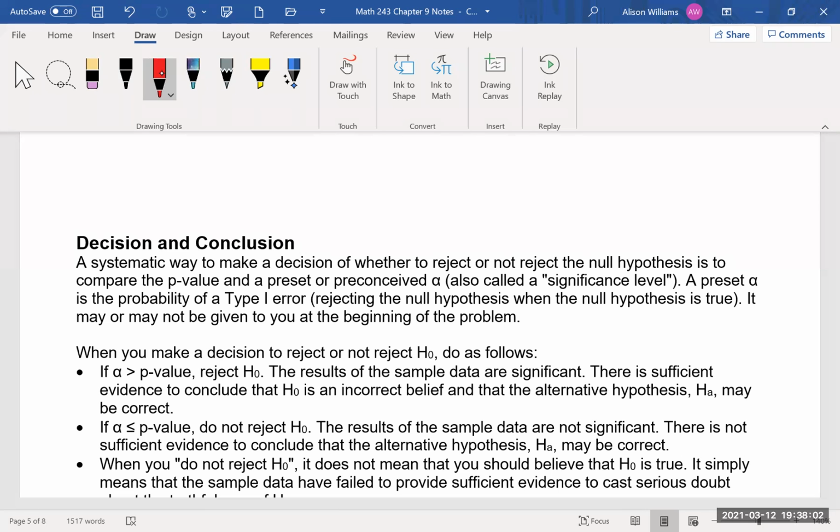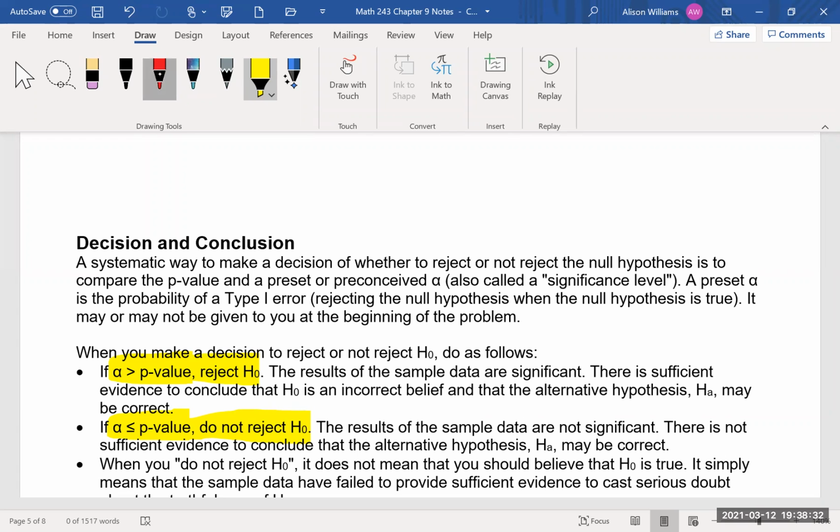So we will use the type 1 error alpha to help us write conclusions based on the p-value. If our p-value is smaller than alpha, we're going to reject the null. If our p-value is bigger than alpha, we will not reject the null. Remember, the p-value is the probability that our sample occurs based on the assumptions made.